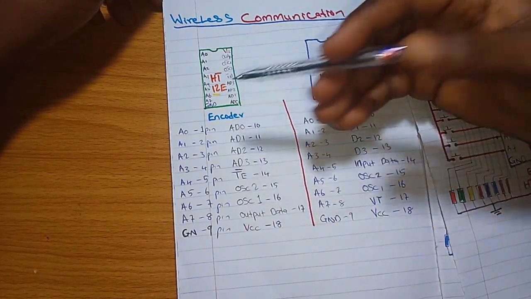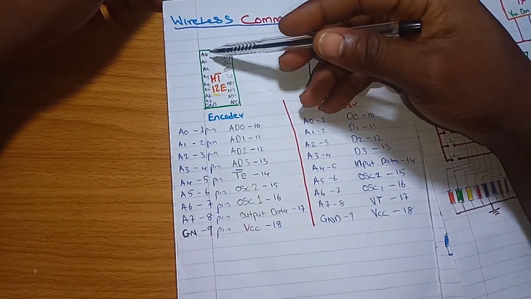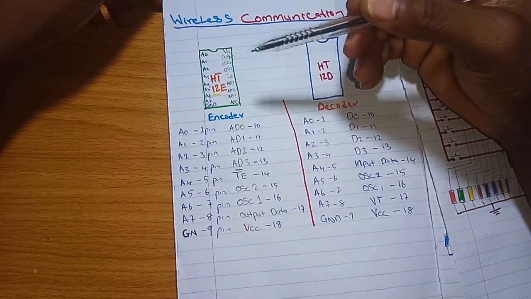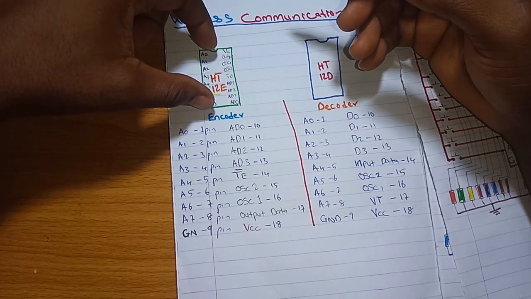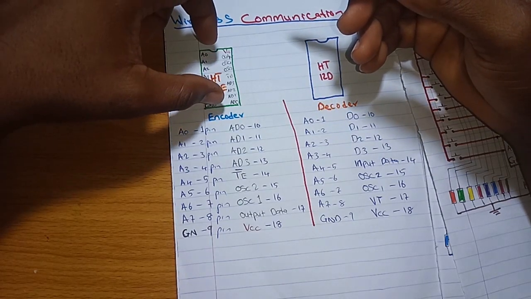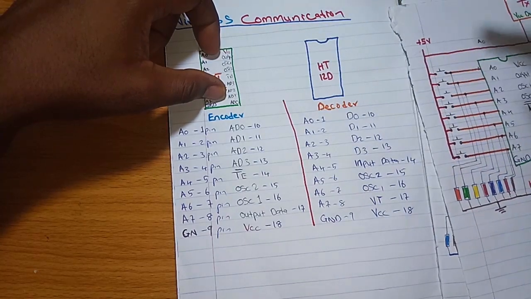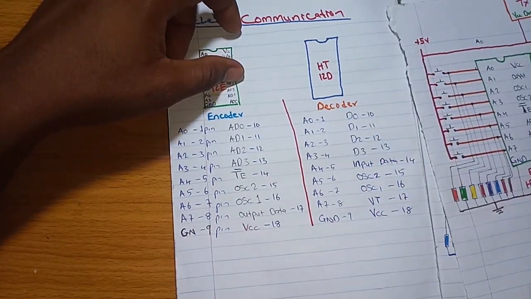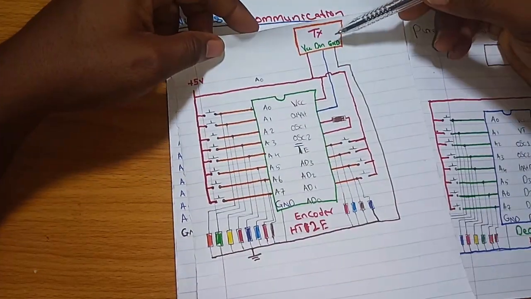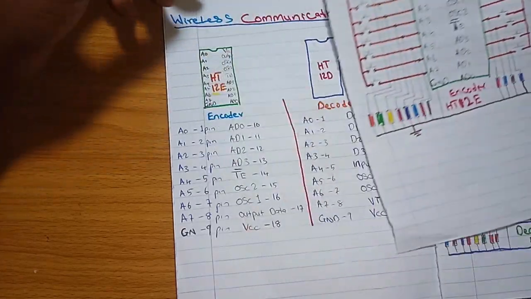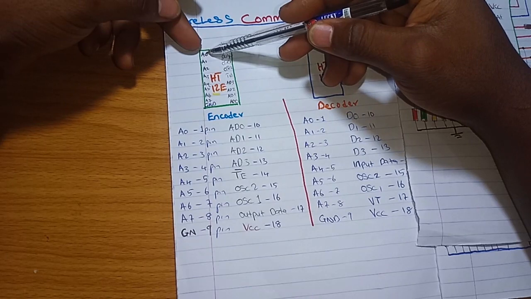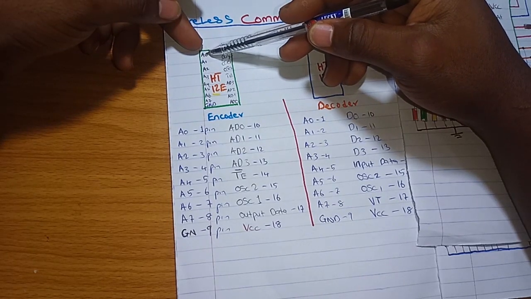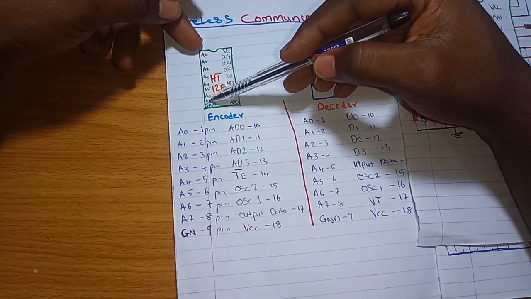So let's go to the encoder side. This HT12E is the encoder IC. This is the IC that will encode your information and transmit it through this transmitter module. So how does this encoder work? If you look at it, we have A0 to A7.